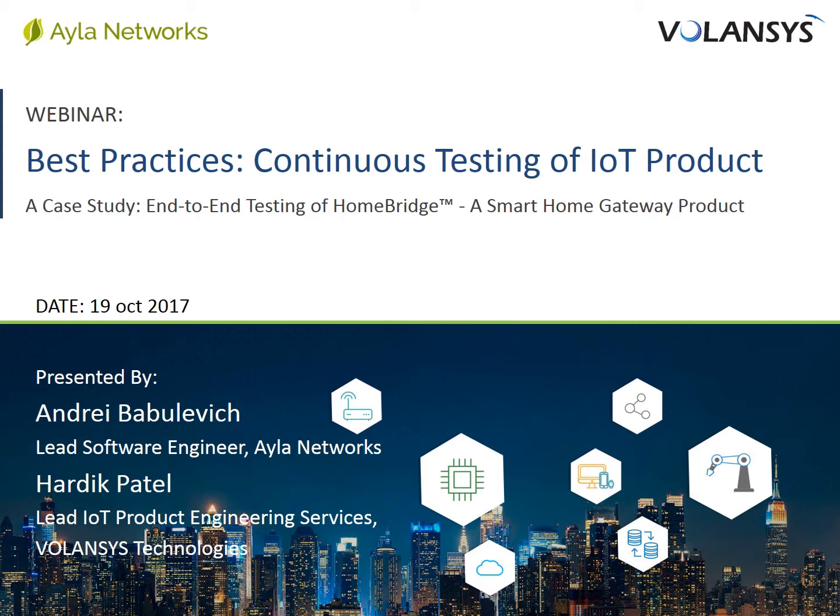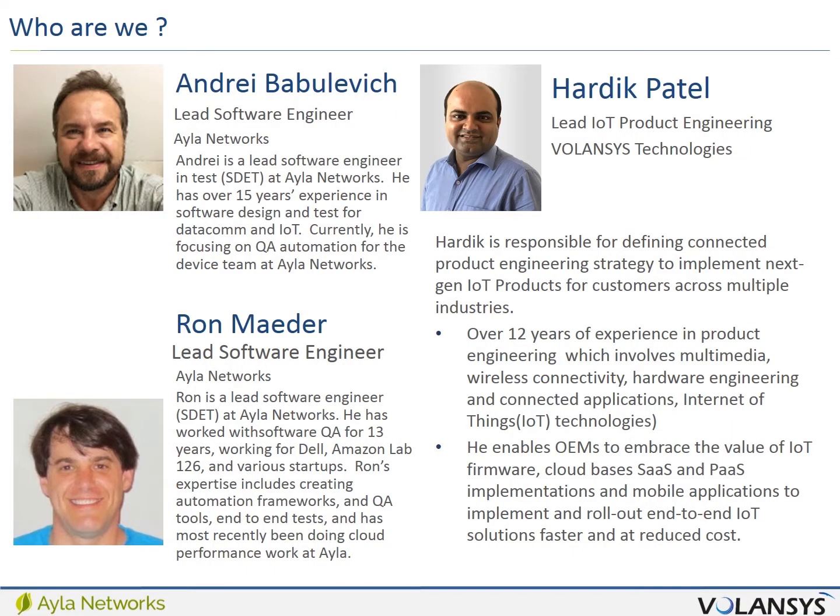Hi, everybody. Before we start this webinar, I would like to introduce Ayla Networks, which is one of the companies behind this presentation. Ayla is an enterprise B2B software platform as a service for the Internet of Things. Our goal as a company is to remove as much friction as possible for our customers when it comes to building connected products.